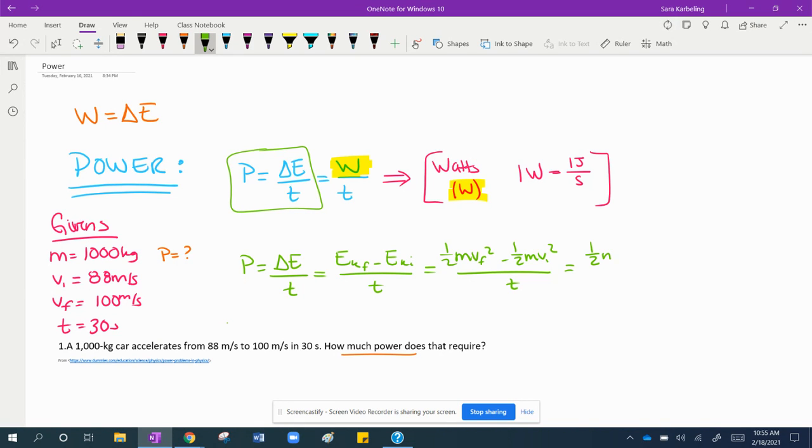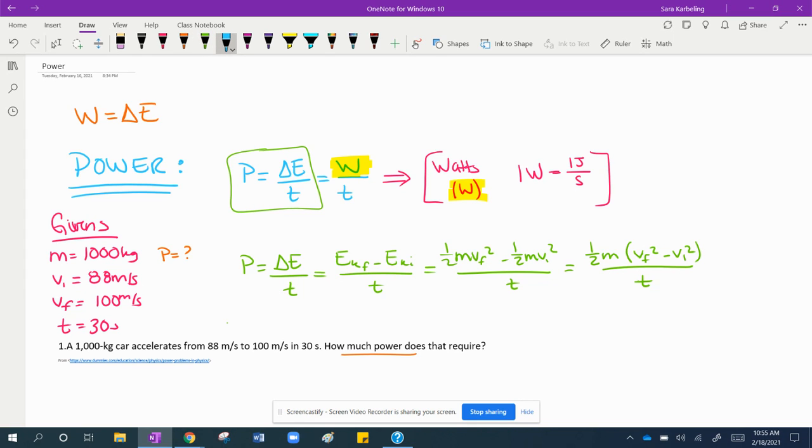I'm going to do that here mostly to show you something that's really important when you're doing problems like this or when you're doing work problems. You need to make sure that you write this as v_f squared minus v_i squared, and it is not v_f minus v_i quantity squared. Those numbers don't work out the same way, okay? So you have to square them first before you find the difference.